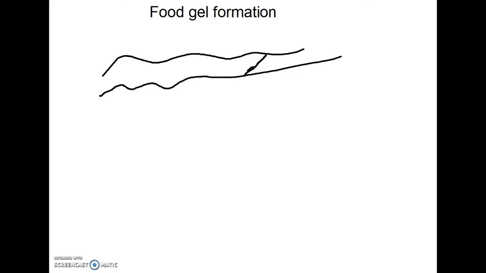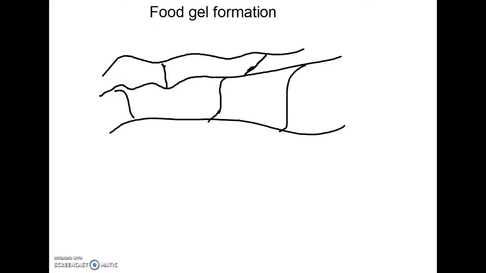These interconnections are crosslinks. And as we know, if we have an important number of these crosslinks, we have formation of a polymer network. The gel, food gel formation, is an example of a polymer network.